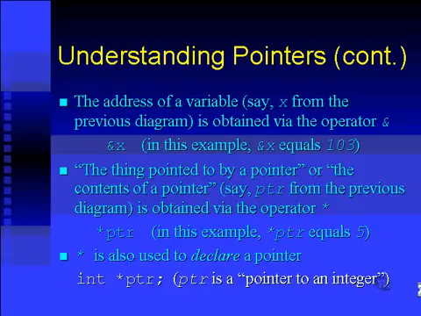But when you put the asterisk there, you read that line as PTR is a pointer to an integer. So that's how you declare a pointer. Pretty simple, isn't it? It's not actually difficult to declare a pointer. It's much more difficult to actually use one successfully. Alright, let's look at some coding examples.